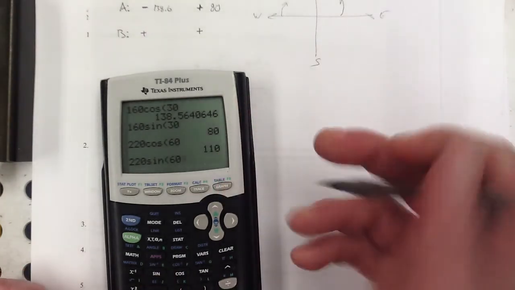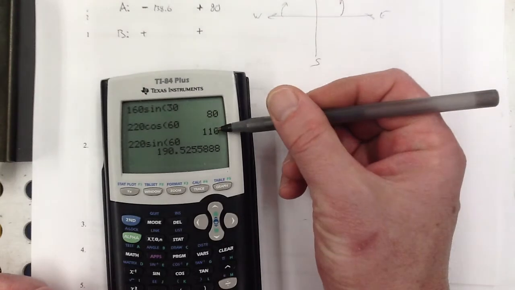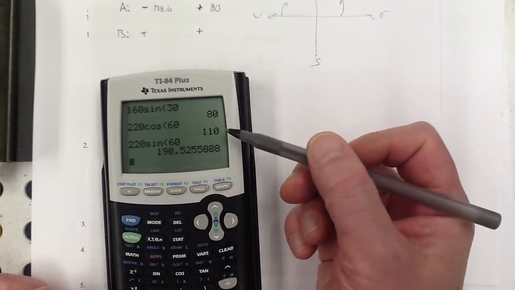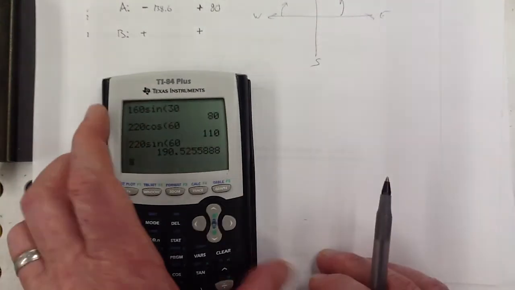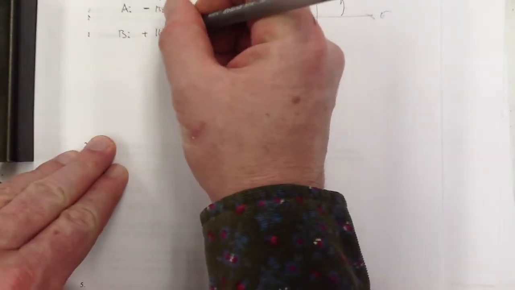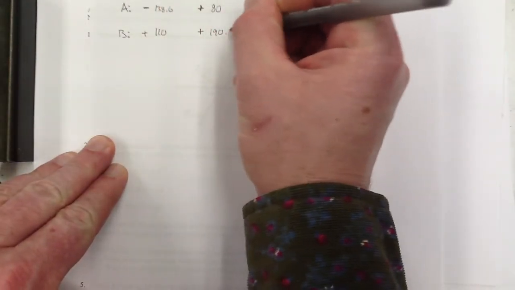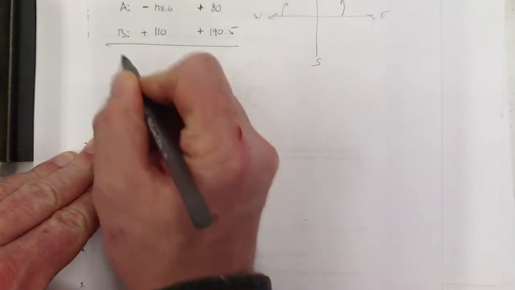Why am I doing cosine first? Because that gives me the x. So I'd rather do them in that order. 110 and 190.5. And they want me to add these up to get vector C.